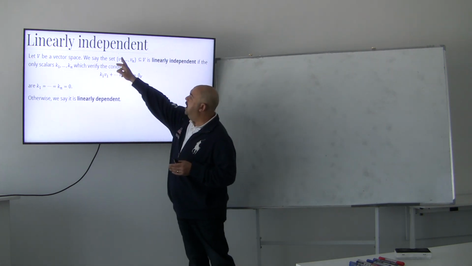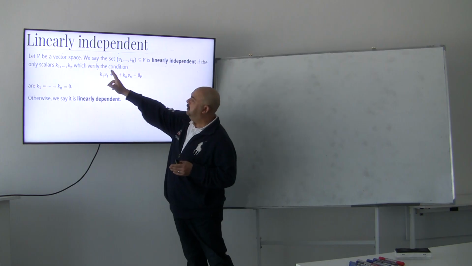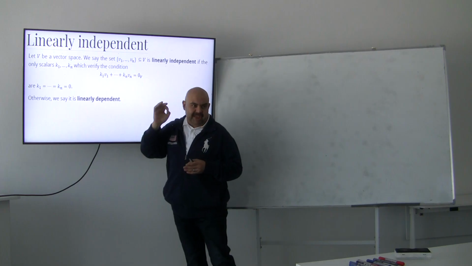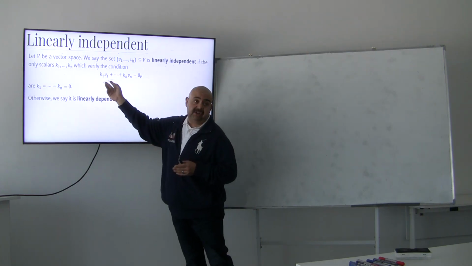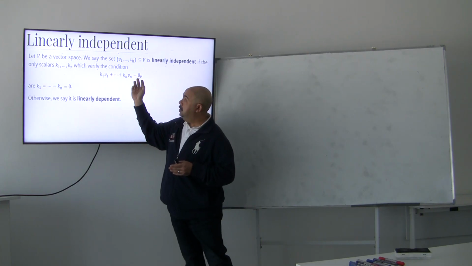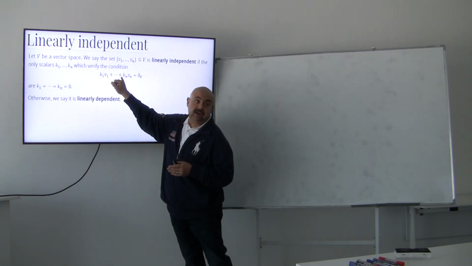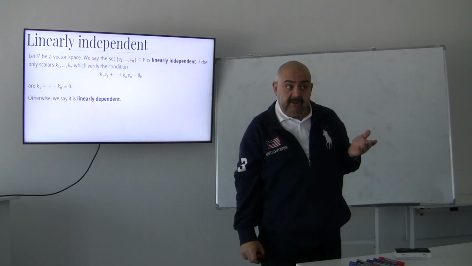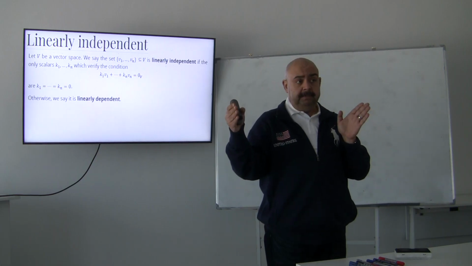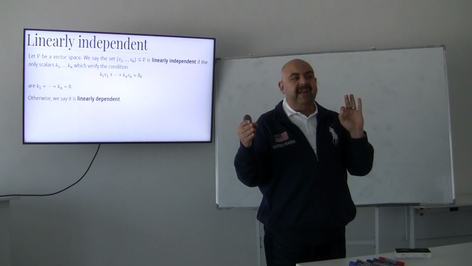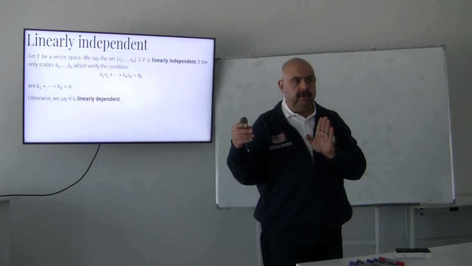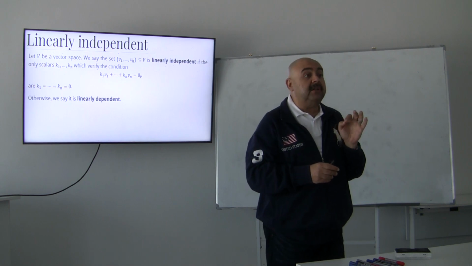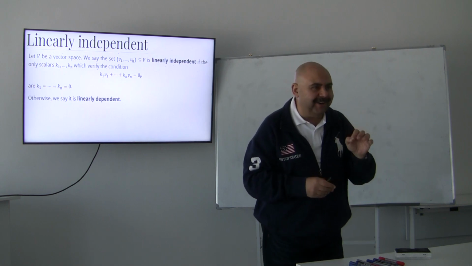Simply, if you have V1 up to Vn multiplied by K1 up to Kn equal to 0, and the only thing that will make the left-hand side equal to 0 is to have K1 up to Kn equal to 0. This means if I take a set of vectors and want to see whether they are linearly independent or not, I take this set and find the values, trying to solve by reduced echelon form. If I get a unique solution, they are linearly independent. But if you get a dependent solution, they are linearly dependent.